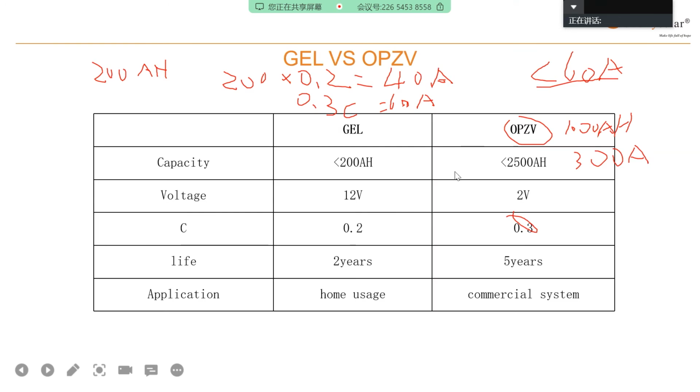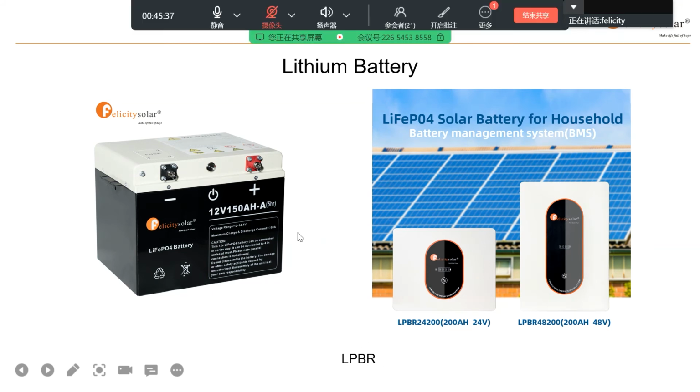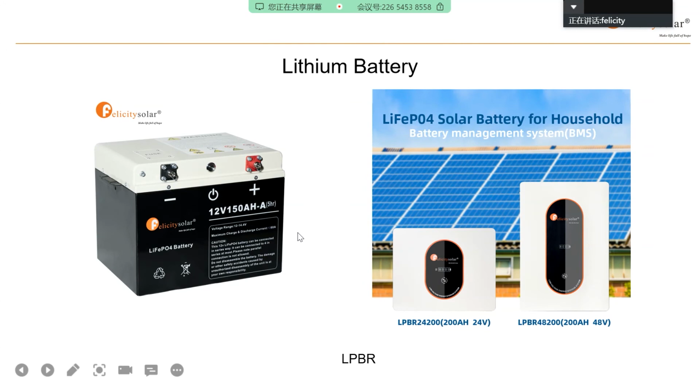So this is the lead acid battery, and the next part is lithium battery. We have 3 series. The first one is the LPBR, which has 3 types of models: 12 volt, 24 volt, and 48 volt.